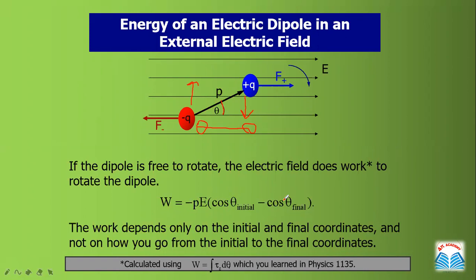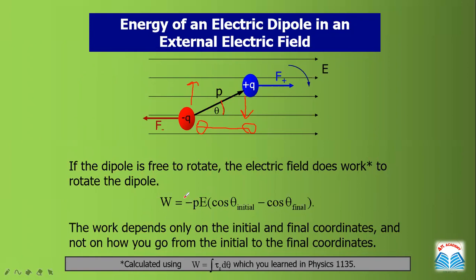When we rotate the dipole we get some new theta, which is theta final. This minus sign is there because the work is in the direction opposite to the electric field. We are not doing work in the direction of the electric field, which is why we get this minus sign.